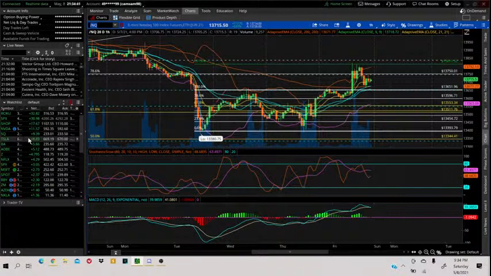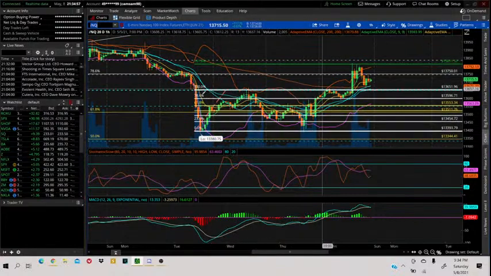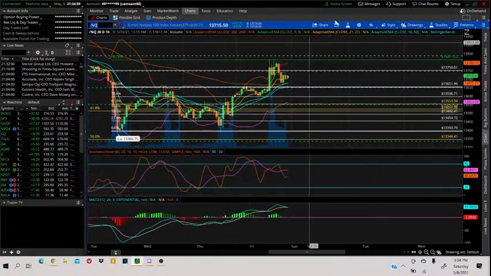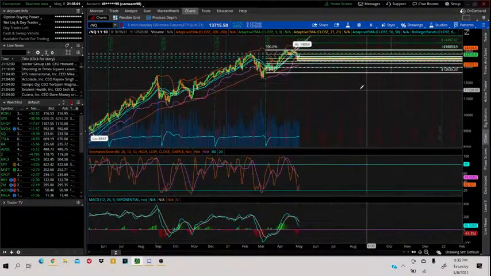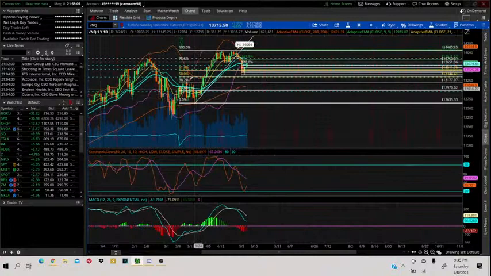When you use Fib, do you connect the wicks, or just the base of the candle? So it really depends. I like to go off of a stronger support and stronger resistance, so it won't always be swing high and swing low for me. I do it off of stronger support and resistance areas. As you can see right there, this is a known daily respected level right here.